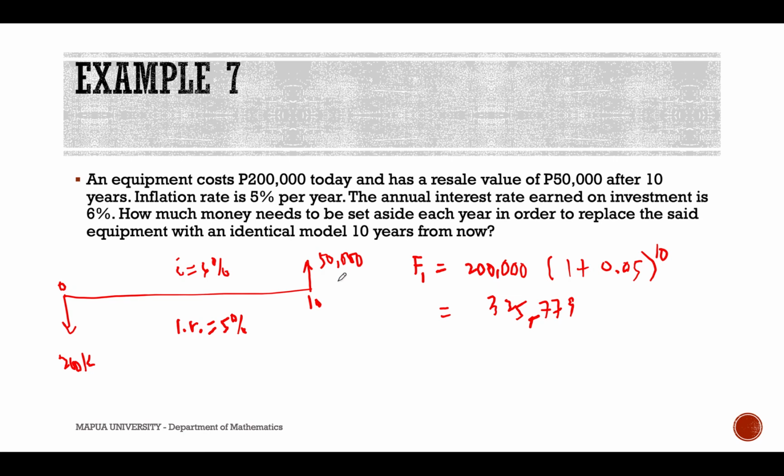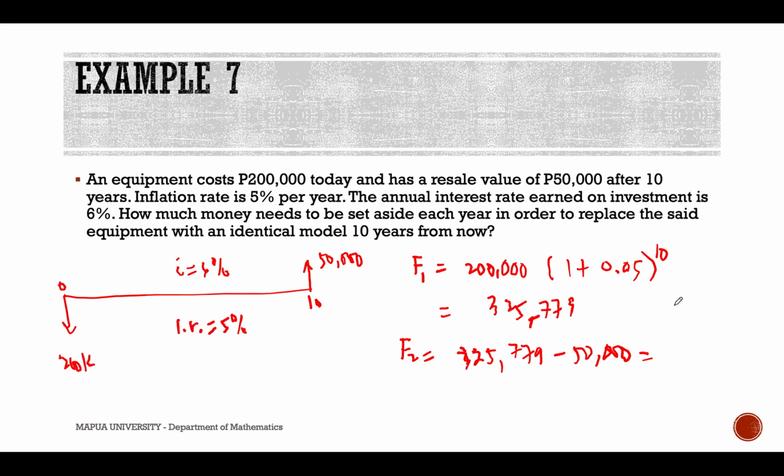But take note that after 10 years, the old equipment can be sold for 50,000. So the amount needed to be raised will be 325,779 minus 50,000.